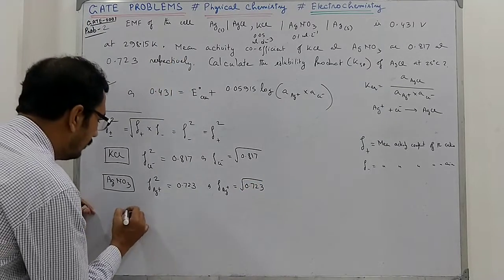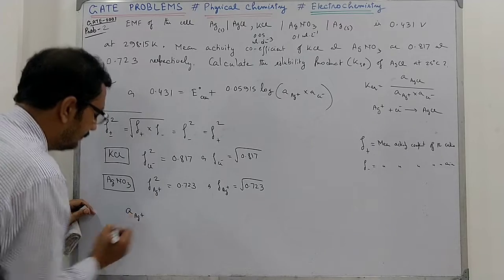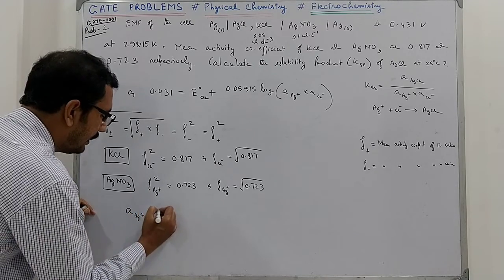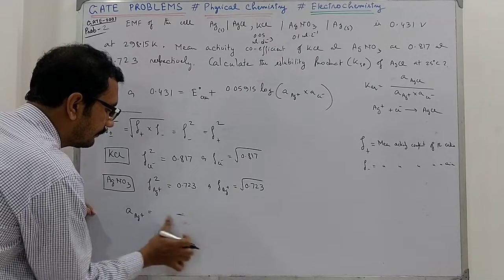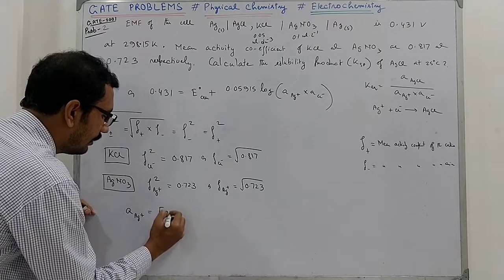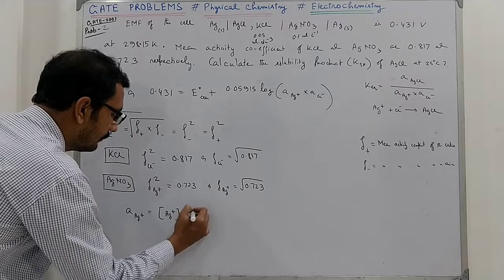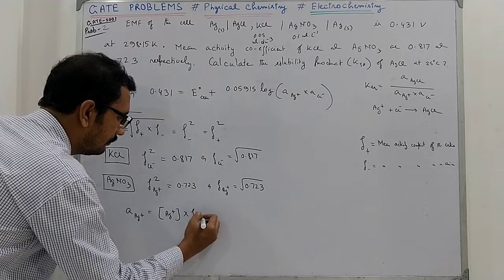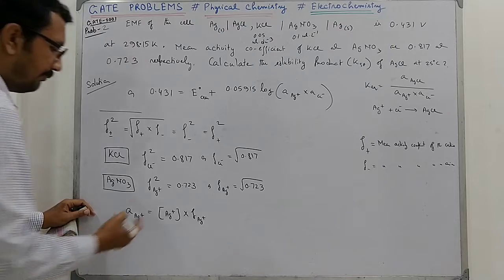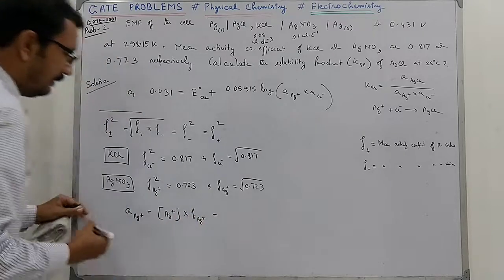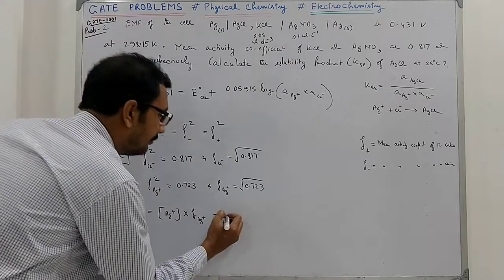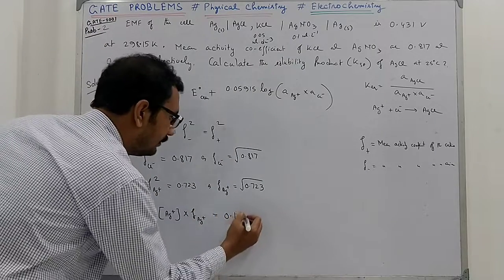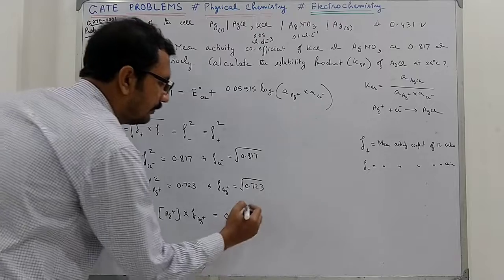Now what will be the activity of the cation? It is the concentration of the cation, that is Ag plus in brackets, into the activity coefficient. So you put the values here. The concentration of Ag plus that is given is 0.1. So it will be 0.1 into this value.